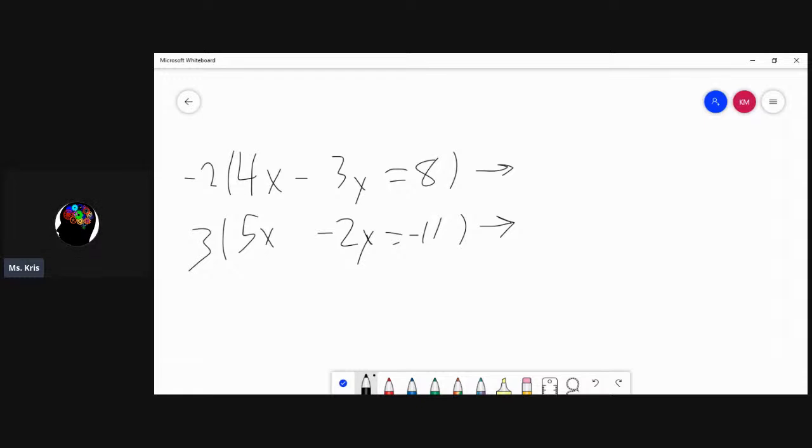Now, if I multiply everything by a negative 2, negative 2 times 4x gives me a negative 8x. Negative 2 times a negative 3y gives me a positive 6y.